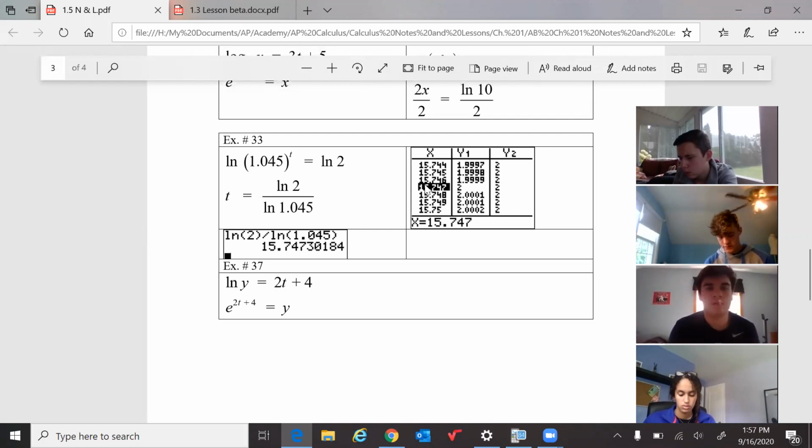So it says confirm graphically, so I put the left side of y1, the right side of y2. That was the 2 before I applied the ln, the way it's written in the book. I went down here in my table to my answer, and y1 is generating a 2, which is confirming the answer graphically.